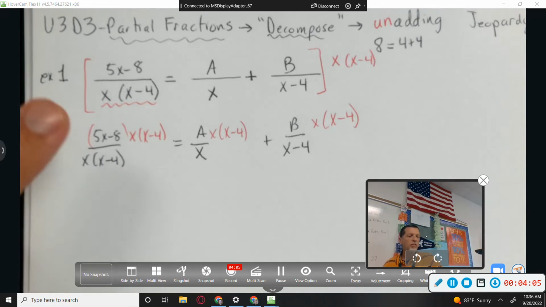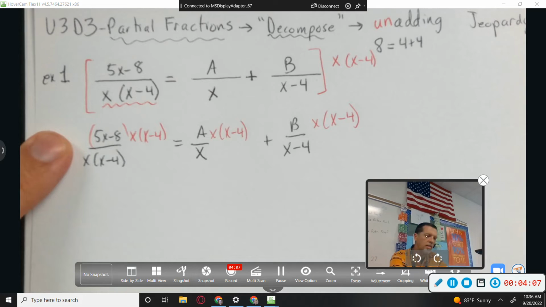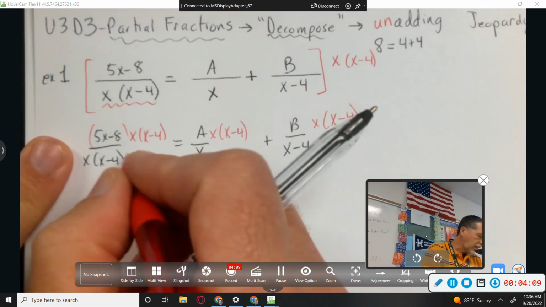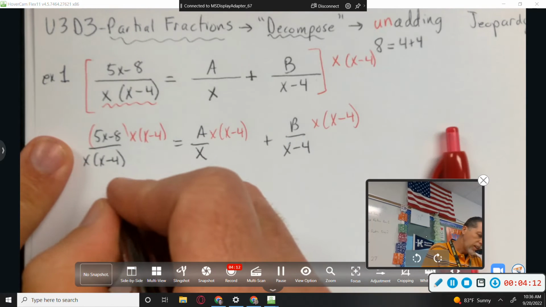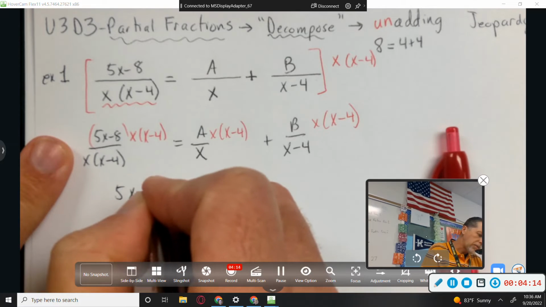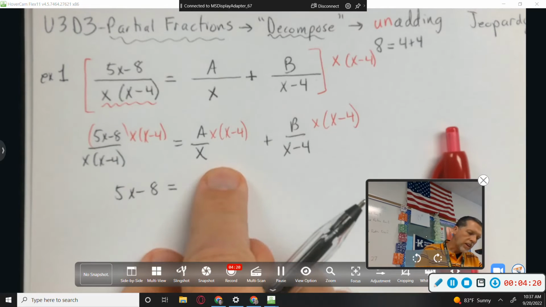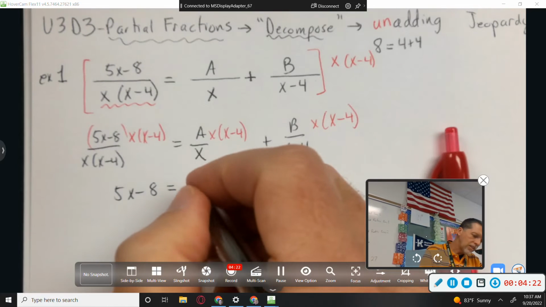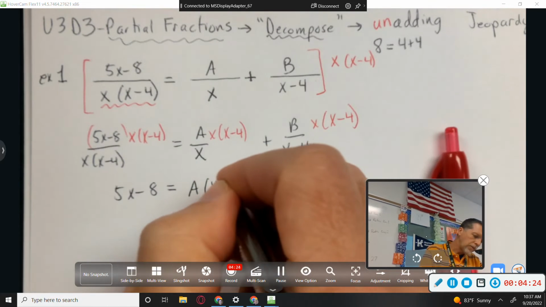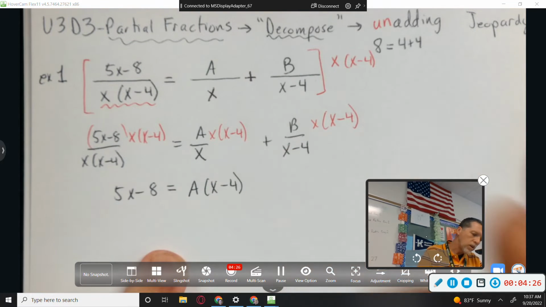All right, on this first term, this is nice. The x and x minus 4 cancel, and we're left with just 5x minus 8. On the second term, the x's cancel, and we're left with a times x minus 4.